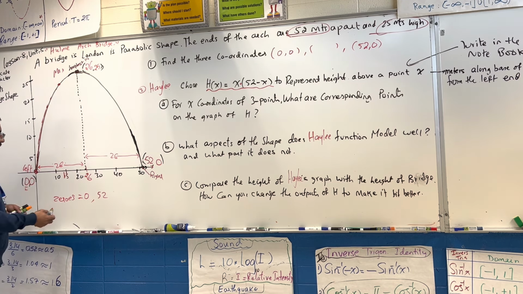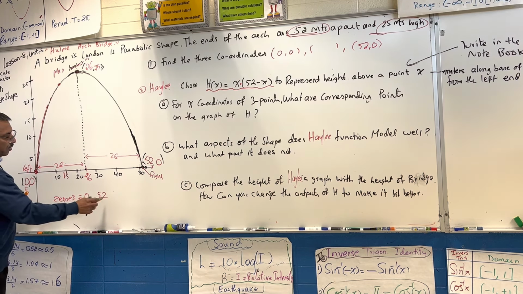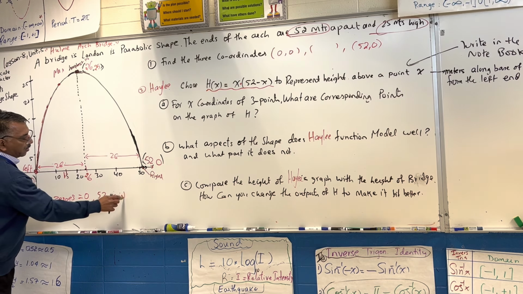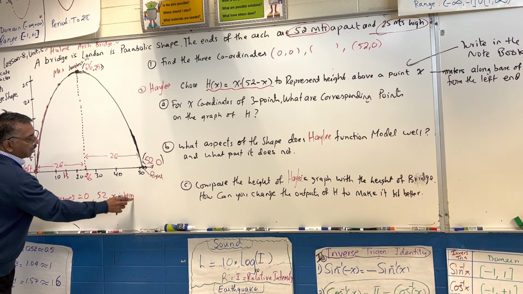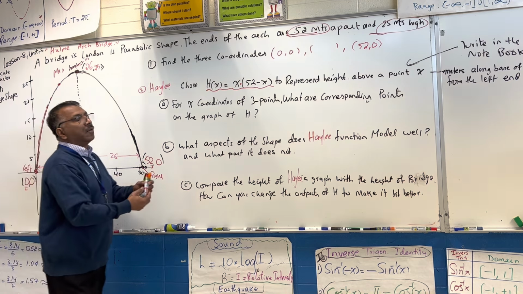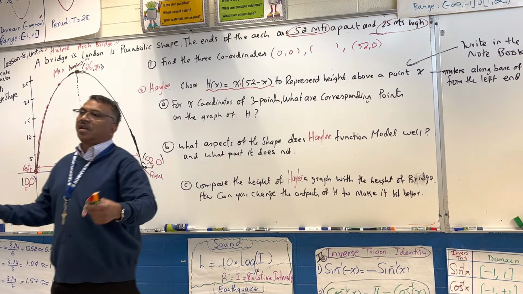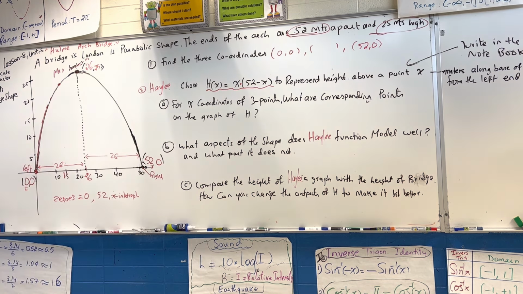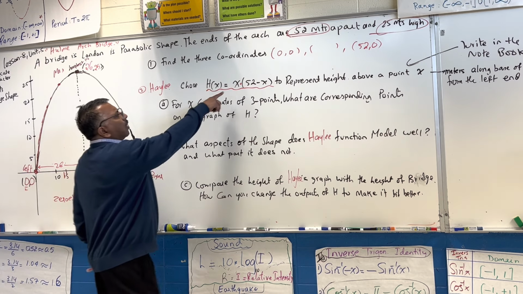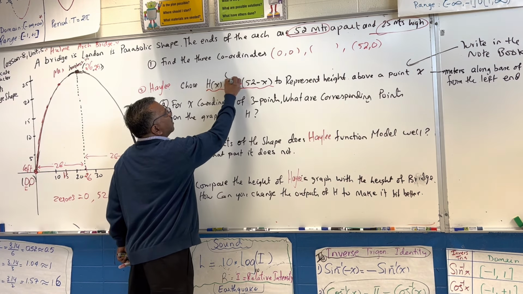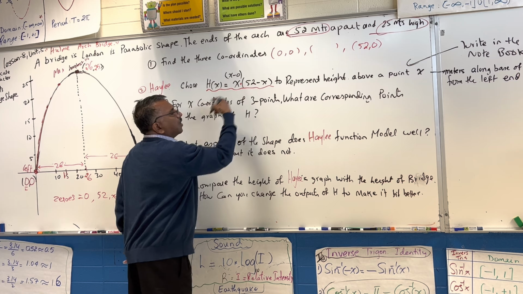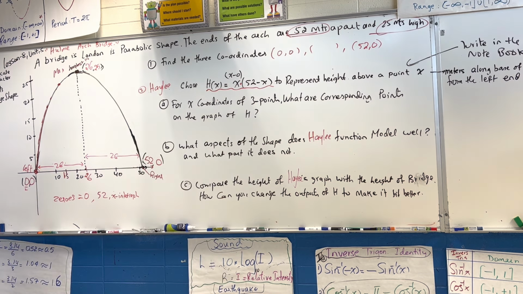If these are the zeros or the x-intercepts, you can create a function like this, h of x. She writes x times. How did she get x times? It's because it is x minus 0. One of the points where it goes to the x-axis is 0.